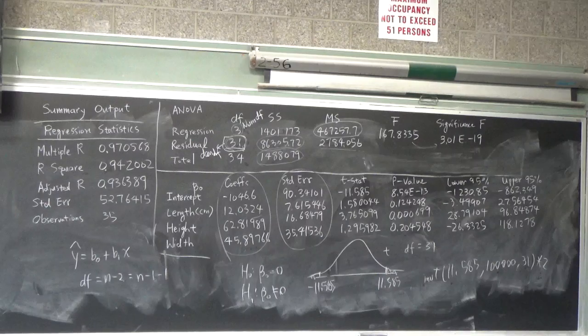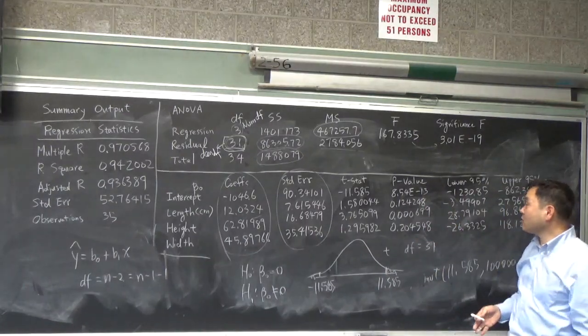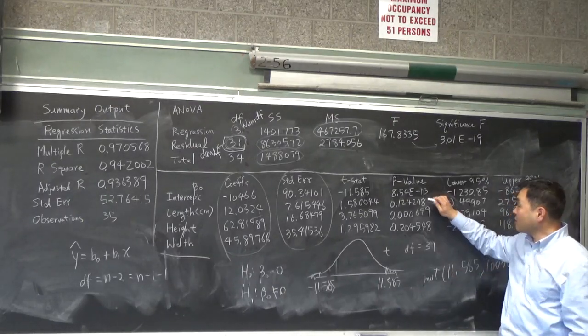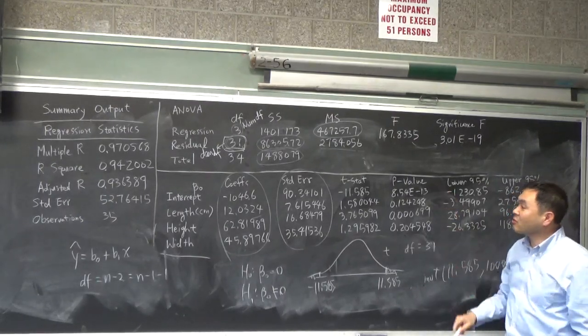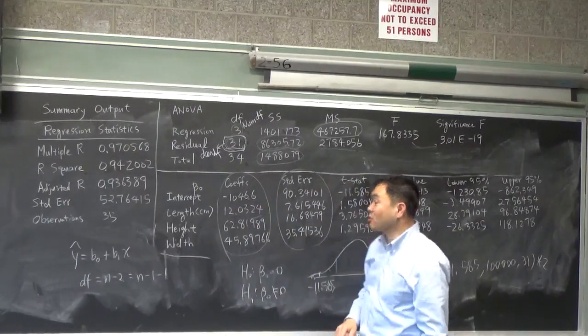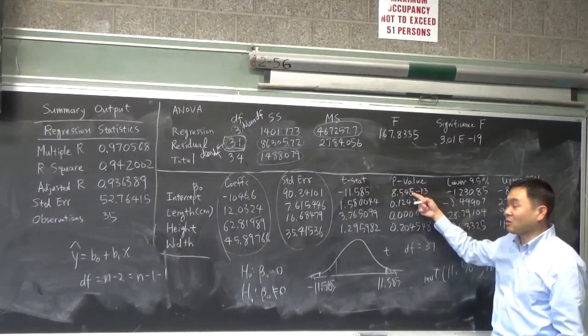And the p-values tell you the significance of these numbers. And what it means is the following. First of all, there's no way your coefficient could be this high just by chance. That's like 10 to the negative 13th power. That's almost no way.